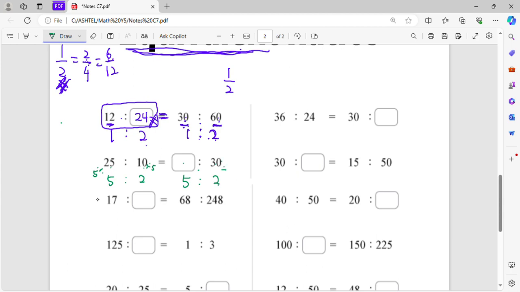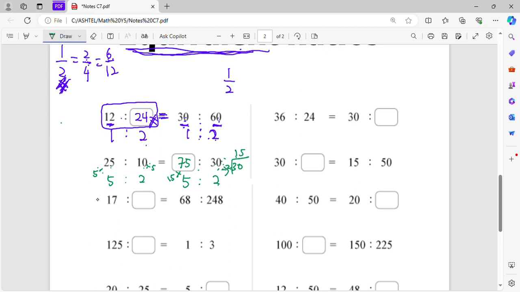You just divide. 30 divided by 2, you will get 15. So 2 multiplied by 15, you get 30. So same goes here. Since you're multiplying this side by 15, you get 30, this side is also multiplied by 15. So 5 times 15, you will get 75. Okay, so then that is it.